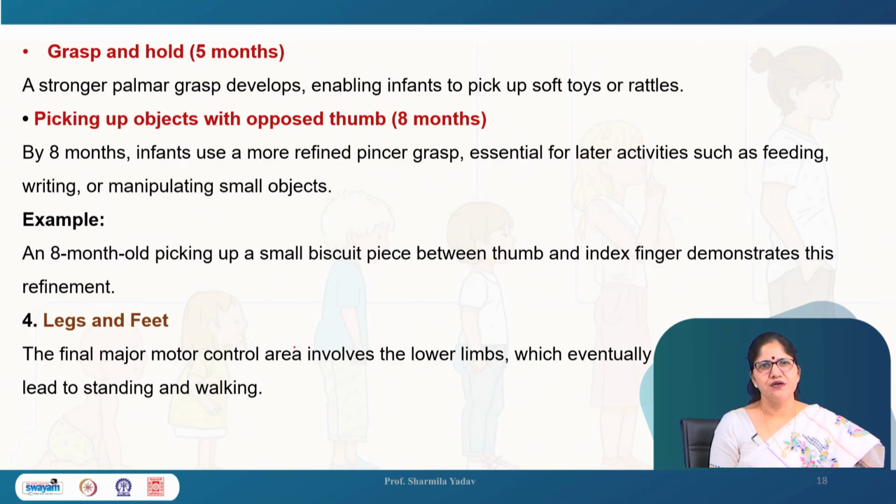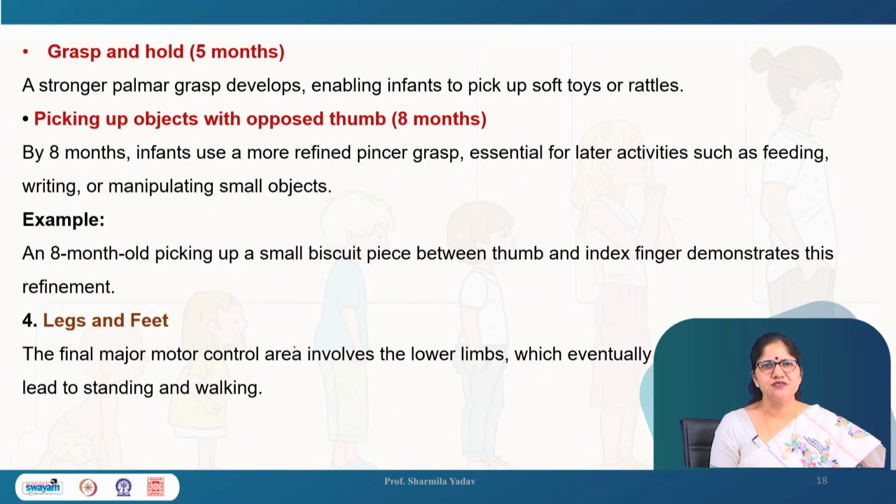Grasp and hold. 5 months. A stronger palmar grasp develops, enabling infants to pick up soft toys or rattles. Picking up objects with opposed thumb. 8 months.